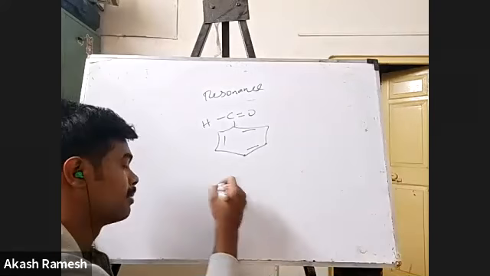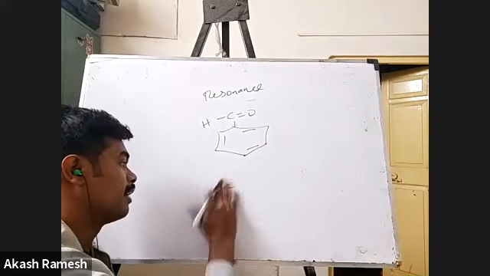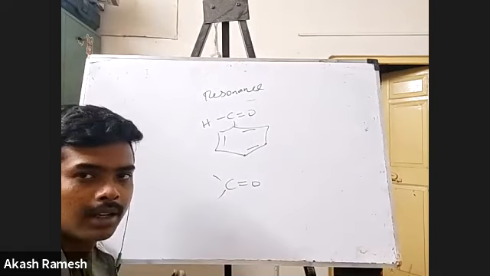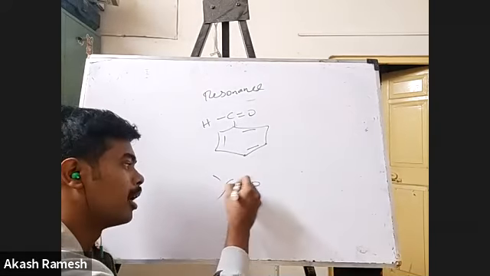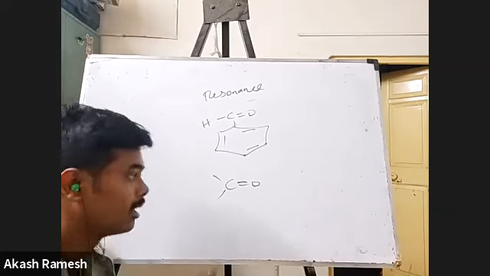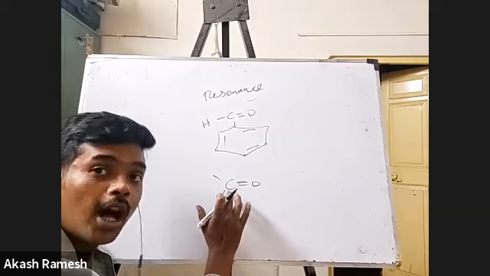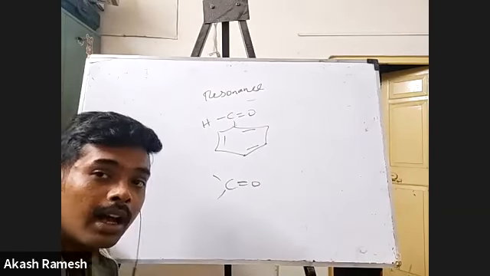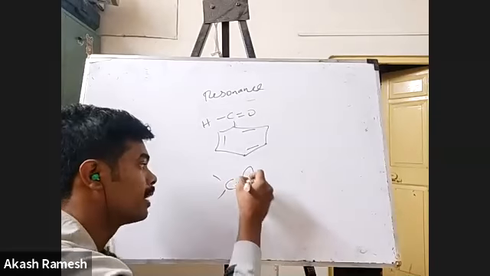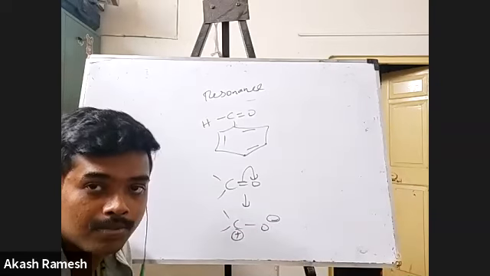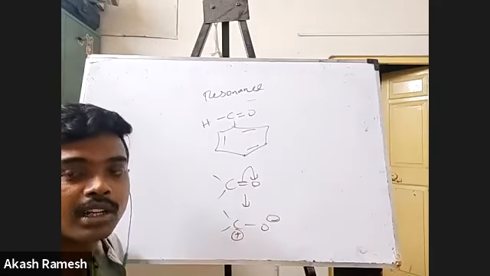Say, for example, I have C double bond O. If I break the pi bond heterolytically, what will happen? This carbon has lost electrons, and the more electronegative atom will gain the electrons. So if I break a bond like this, carbon will have a positive charge and oxygen a negative charge. This is exactly the same thing. Okay, sir, I understood.